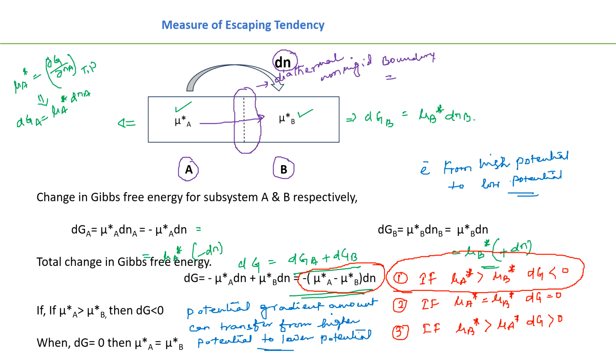And that is why this chemical potential is called the measure of escaping tendency.